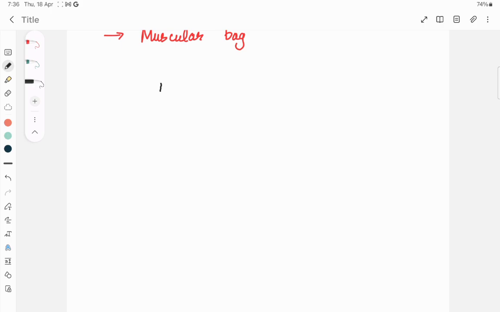It is fixed to the esophagus above and the pylorus below. So it's a distensible structure which is fixed at 2 points, at esophagus above and pylorus below.